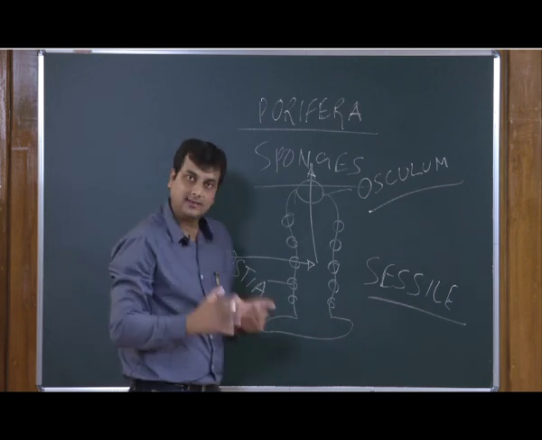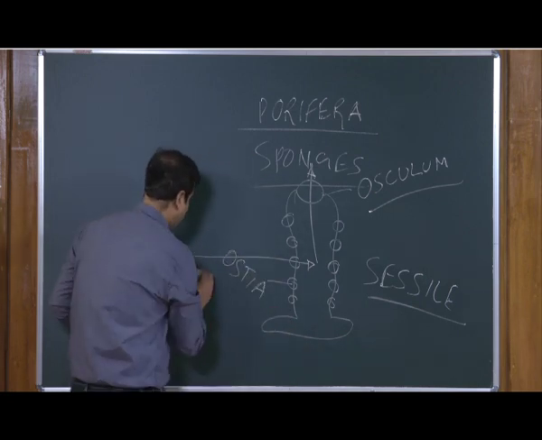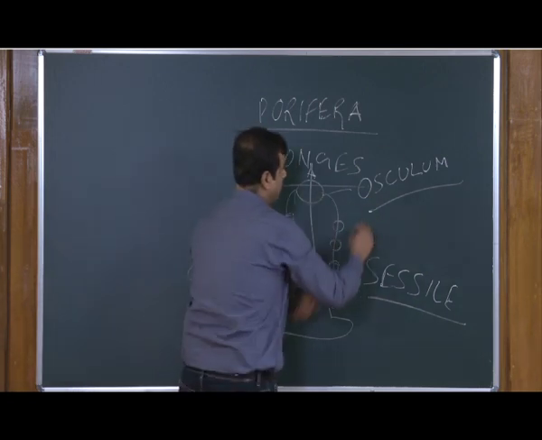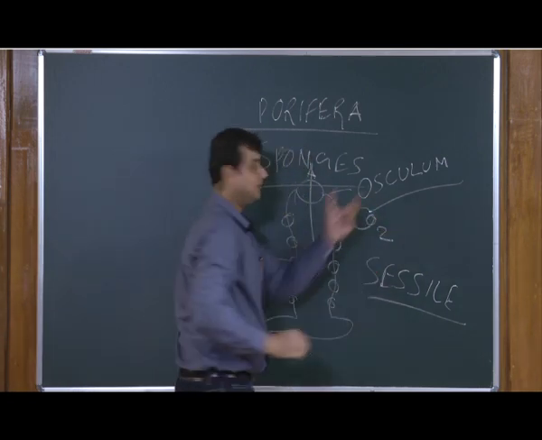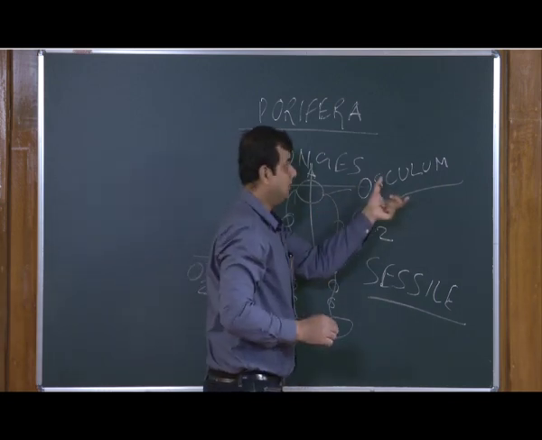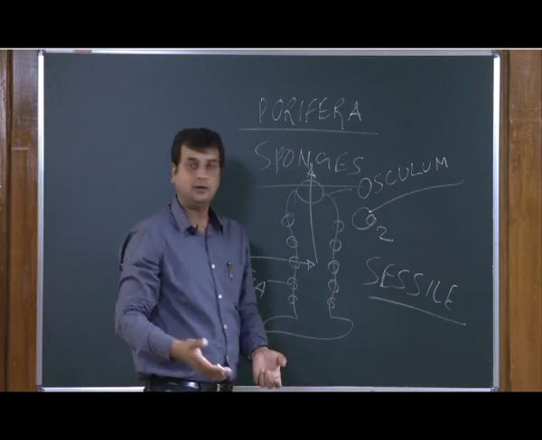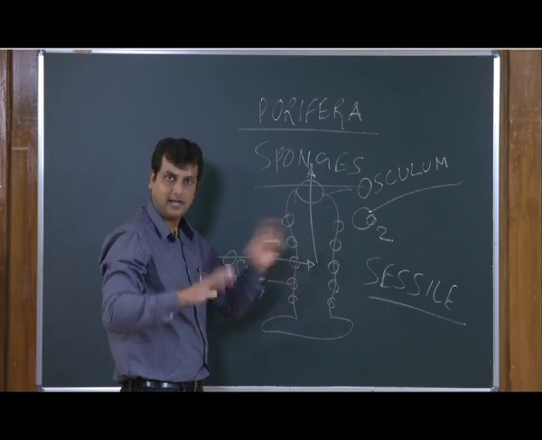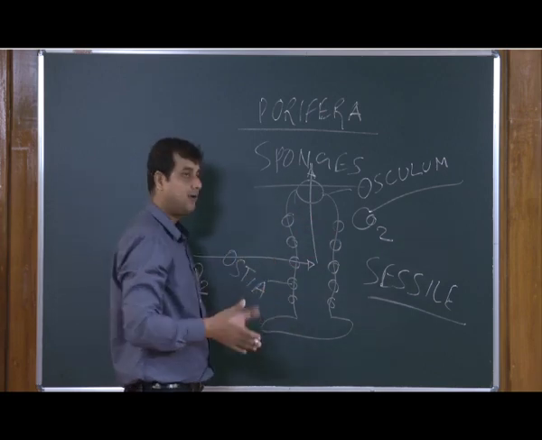So, can we say that oxygen is coming inside the body and carbon dioxide is going out through the osculum? This is inspiration and this is expiration, or exhaling out. This is the breathing in and breathing out phenomenon, where we correlate it with higher organisms.